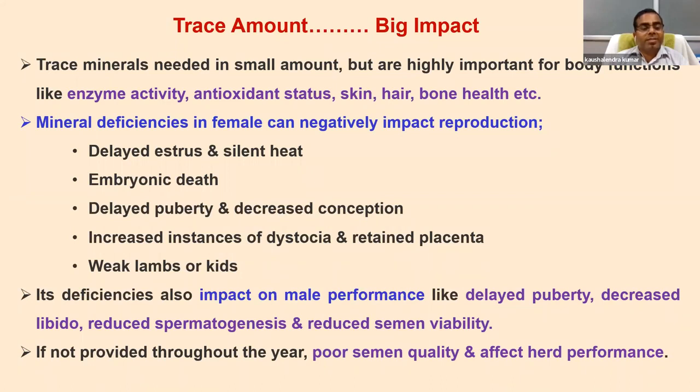There may be embryonic death, the chance of death of the embryo itself, and abortion at an earlier stage. Delay in puberty also affects the farm economically, and conception rate decreases.